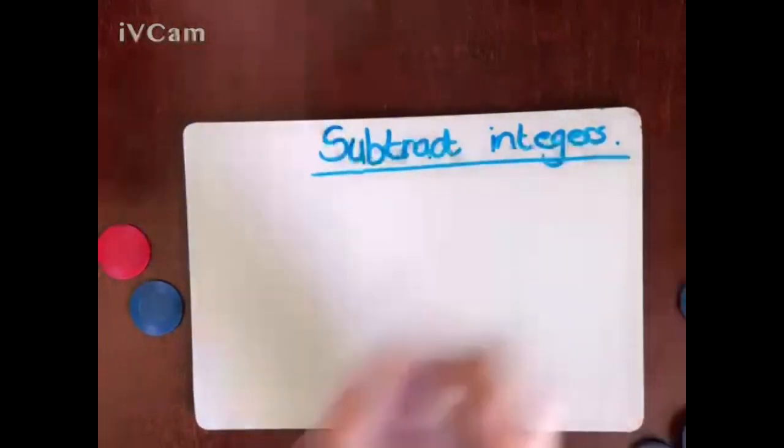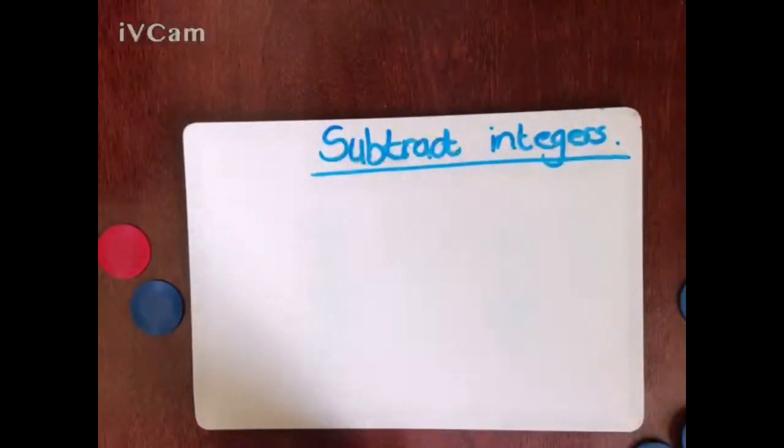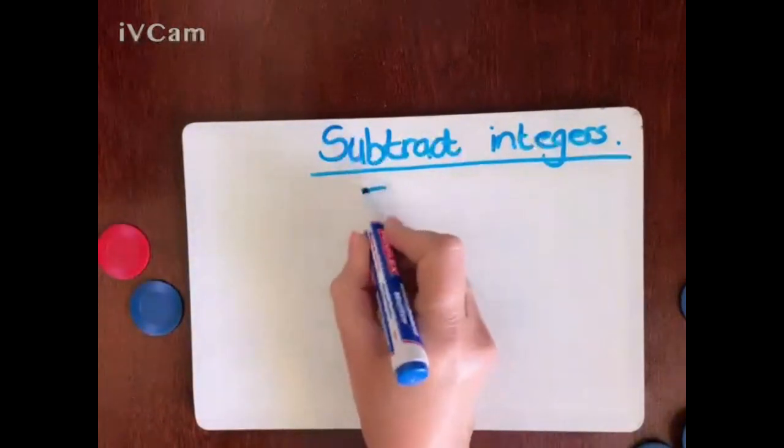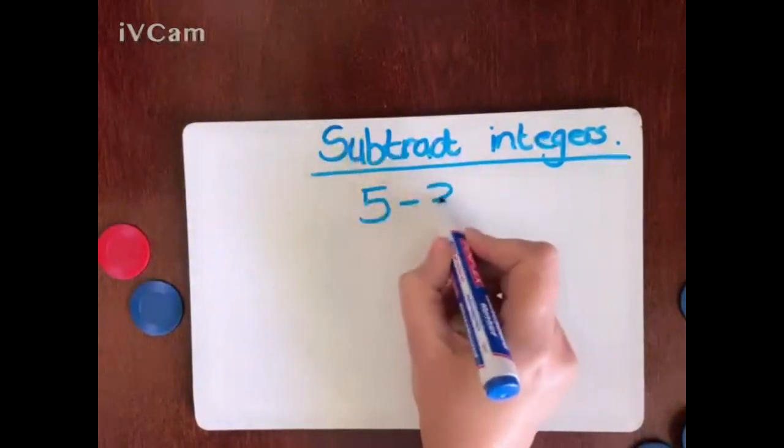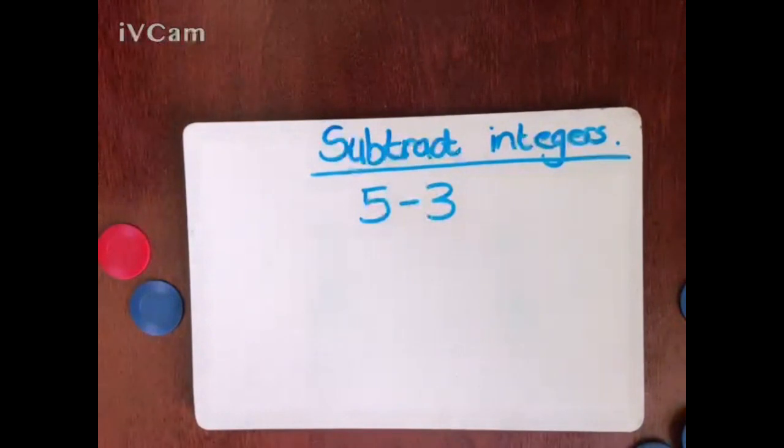So remember, integers are your positive and negative numbers. So let's start with an easy example. Let's say 5 minus 3.